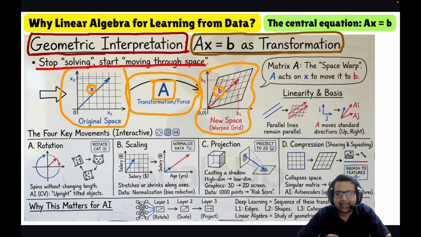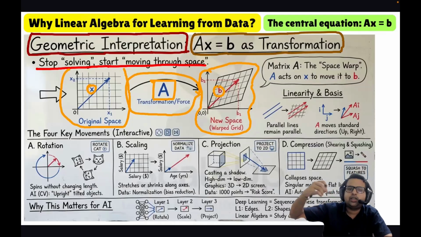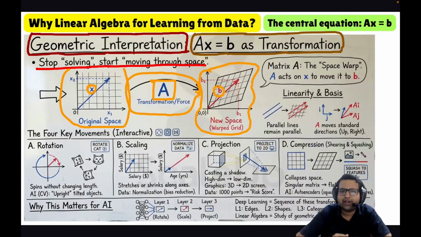The vector x, the input, starts at one location, and the matrix A, which contains the transformation rules, acts as a force that moves the vector x into a new location, vector b, into a new space.